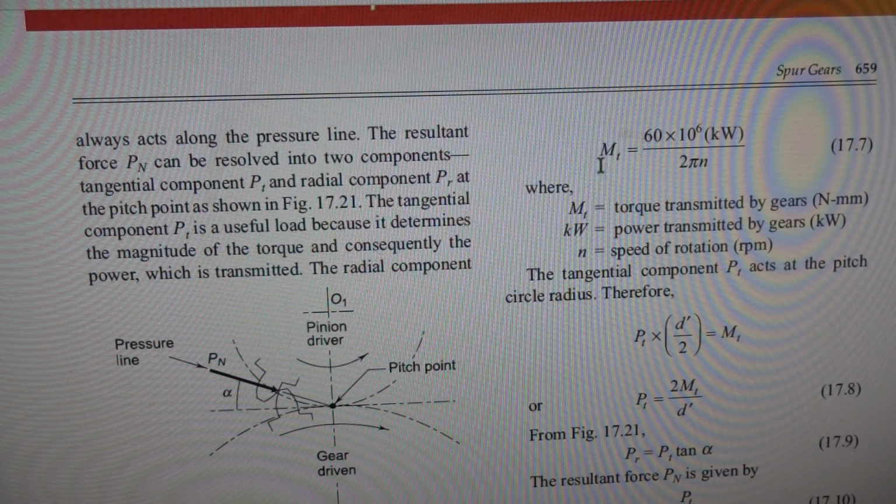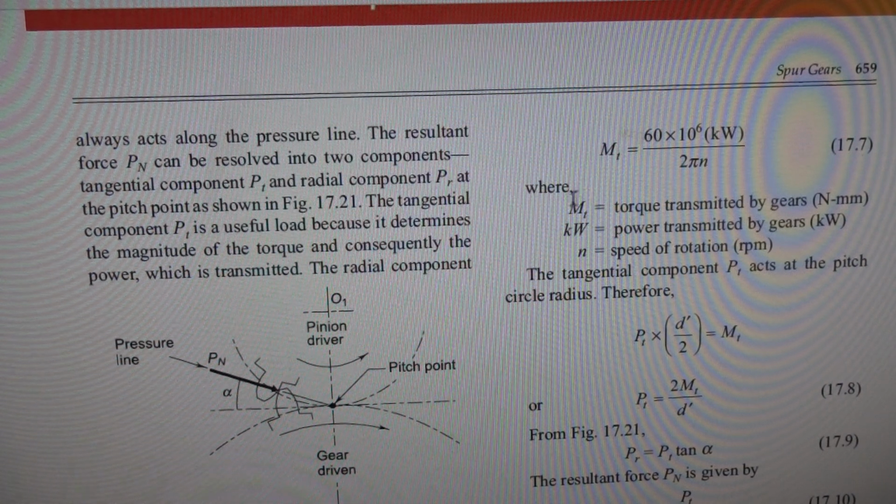You can find the MT, the torque transmitted, which is the power divided by 2 pi N divided by 60. MT is the torque transmitted by the gear, kW is the power transmitted by the gear in kilowatts, and N is the number of rotations.